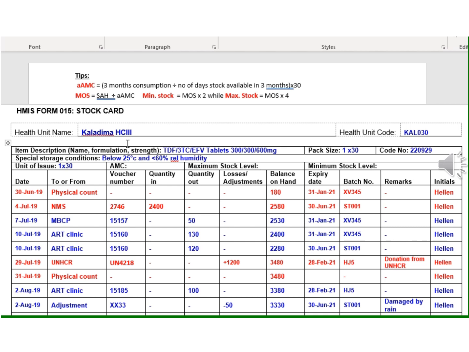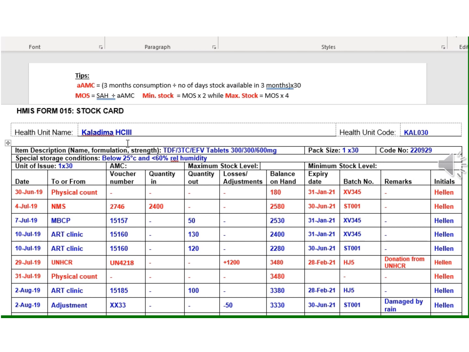So if you're looking at a time period of 3 months, which are 90 days, and within the 90 days you had 20 days when you were stocked out, if I just take the flat consumption rate, it will include consumption even for the days I was out of stock. So to ensure that our rate is more realistic, we adjust by excluding those days out of stock.